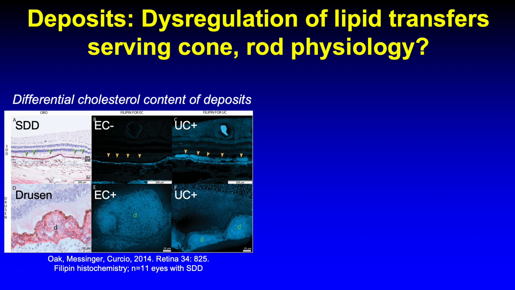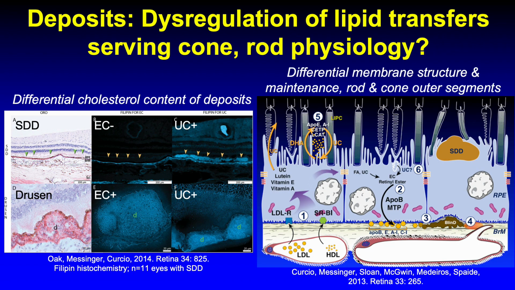You can see that SDD is rich in unesterified cholesterol, whereas drusen has that plus esterified, so there was really a major difference in the lipid content. We could further speculate that this differential membrane structure and maintenance mechanisms of the outer segment of rods and cones might be the basis of those differences in lipid transfers.